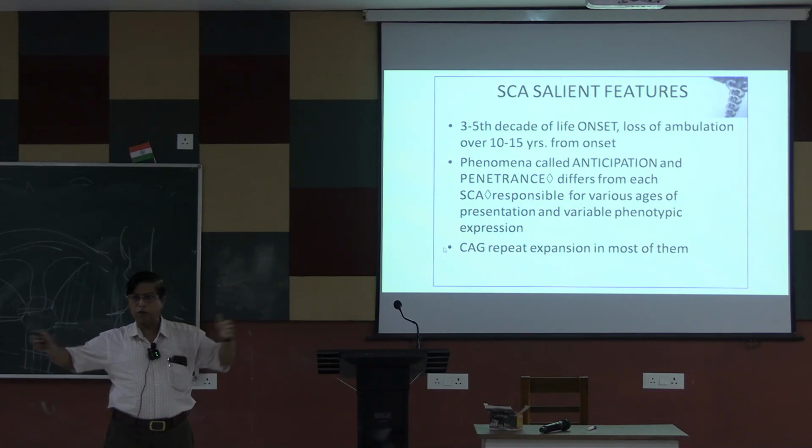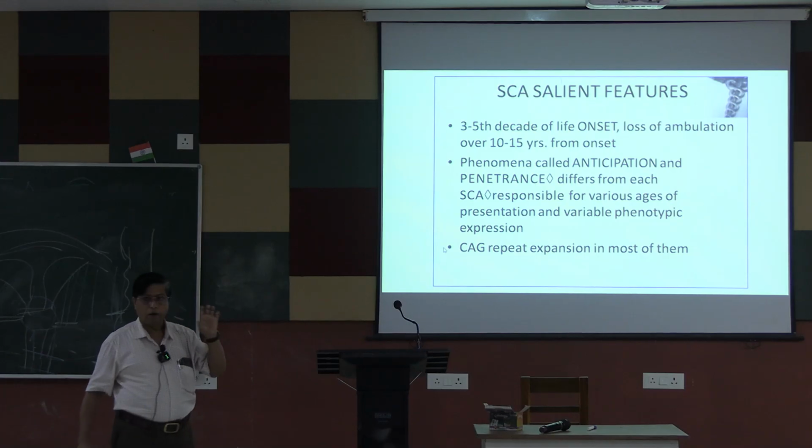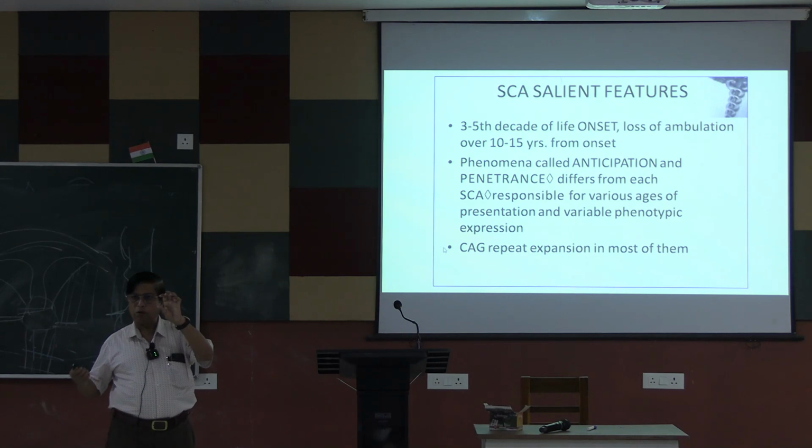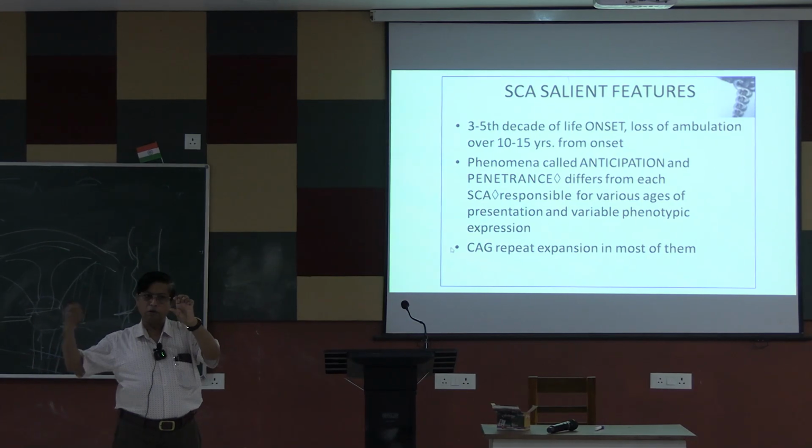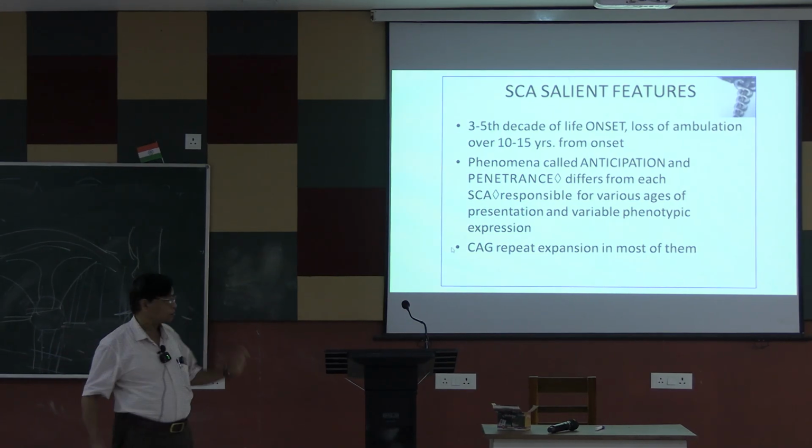In the chromosome there is a triplet CAG: cytosine, adenine, and guanine. This triplet repeats, and the triplet produces an amino acid called glutamine. That amino acid causes various neurological damage.